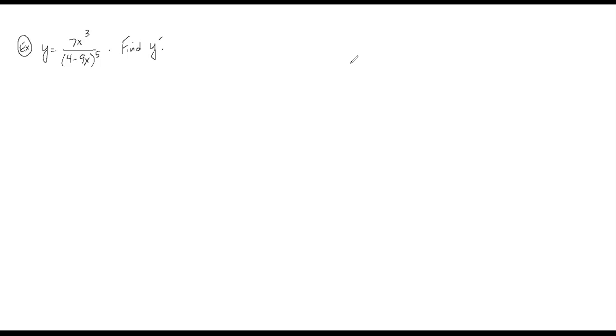So would one of you tell me what rule you are applying? Or anybody? Quotient rule, I'm sorry? The quotient and the chain rule. Yes. The quotient and then the chain rule. Correct. So let's do that.